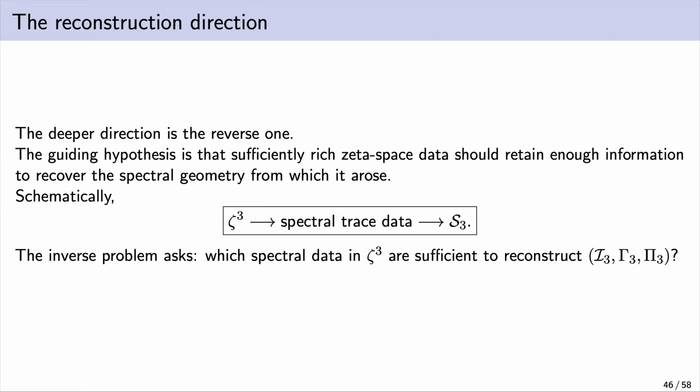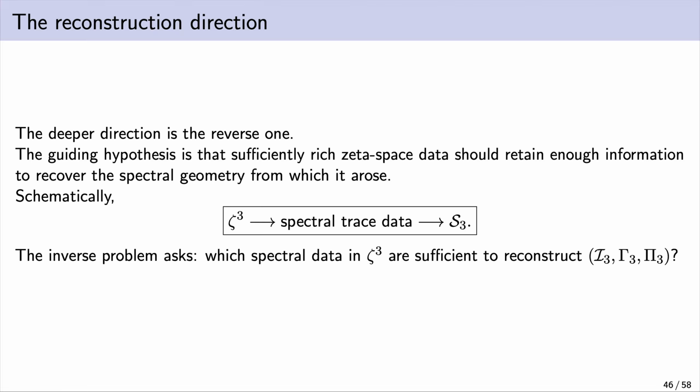So schematically, we start from upstairs, zeta 3, either descend via explicit formula or trace type construction. Some sort of trace over the spectral or over the non-trivial zeros, and maybe something like that too. And then we can recover this 3 seed, hopefully.